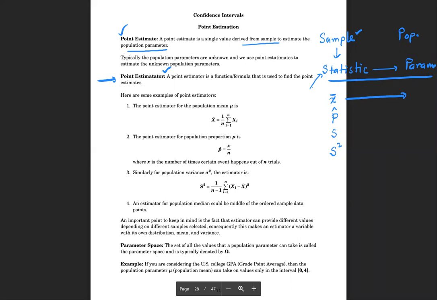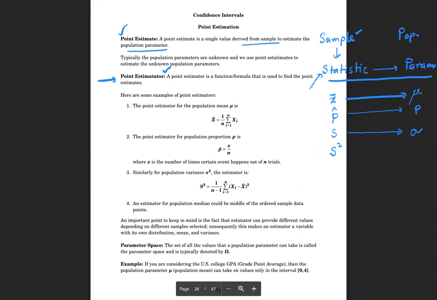So the population parameter, I said it at least 5 times throughout the semester. You need to be very clear about these things. The population parameter is mu. For P hat, the sample proportion, the corresponding population parameter is P. For standard deviation, sample standard deviation is denoted by S, and the population standard deviation is denoted by sigma, the Greek letter.